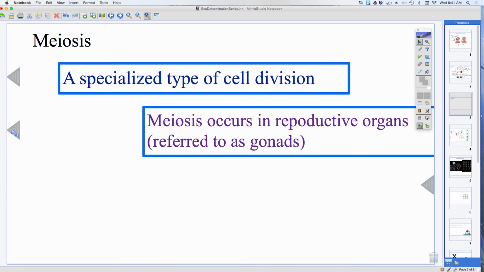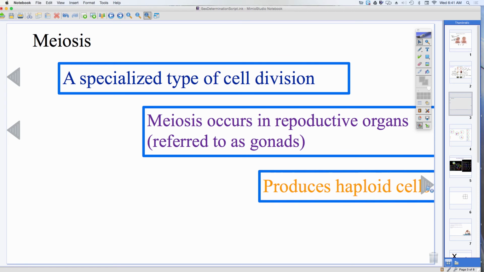We call those the ovum and the anthers, and those reproductive organs produce haploid gametes, pollen and ovules. And the key thing is that these reproductive organs produce haploid cells, and in producing haploid cells and allowing for sexual reproduction, we increase genetic diversity.